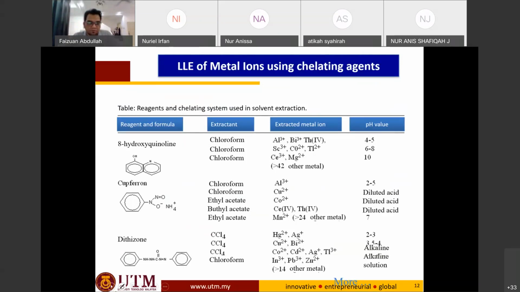We can see at the molecules, normally the chelating agent has a lot of lone pairs. For example, this nitrogen in 8-hydroxyquinoline, we have a lone pair here. Lone pair at the oxygen as well. We have a lone pair here.